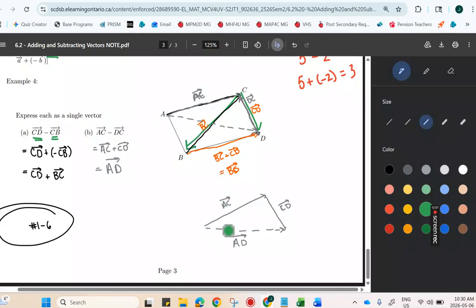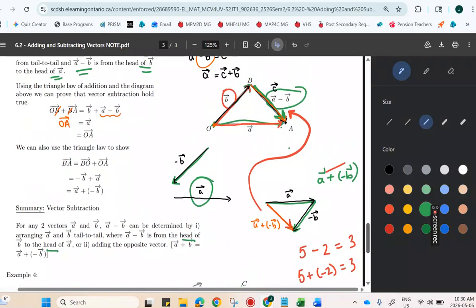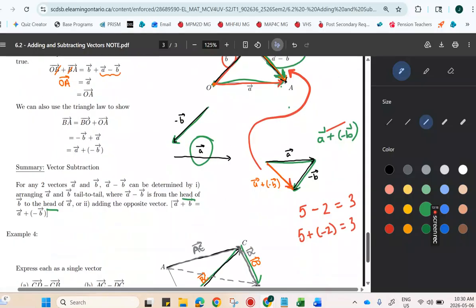So CD minus CB, which means that if you look back up, vector A minus vector B is from the head of B to the head of A, because you're going back to where you started.